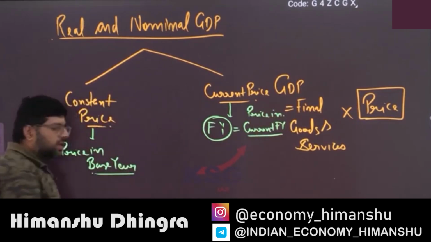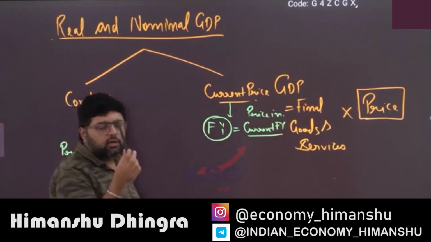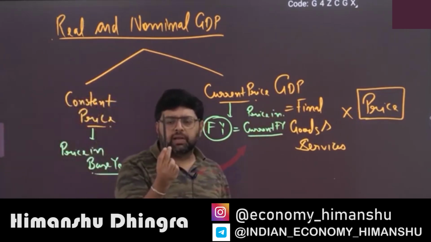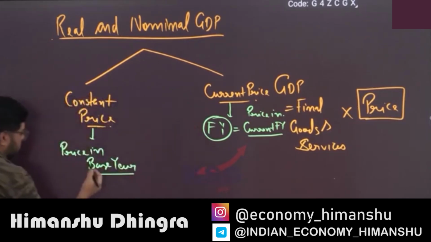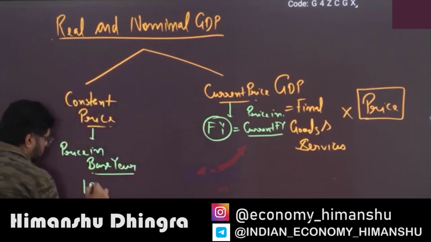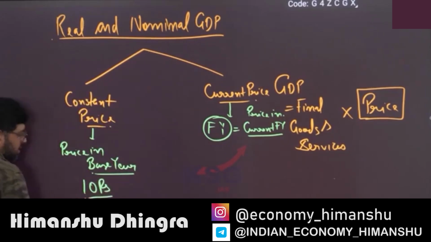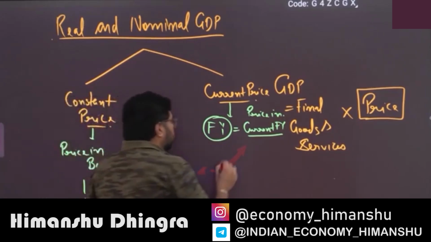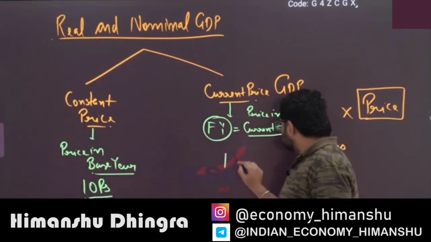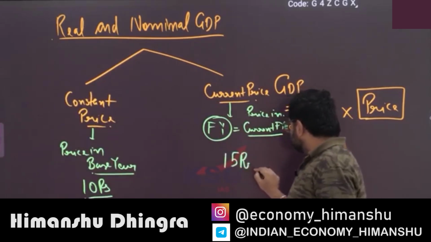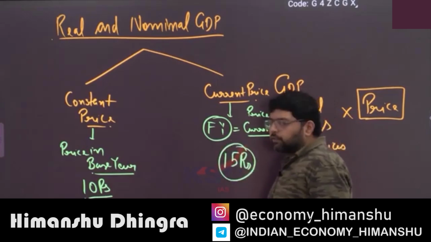Now suppose this pen was made at 10 rupees in the base year. So the price of this pen is 10 rupees in the base year, whereas the price of this product currently is 15 rupees. Now why is it 15 rupees?